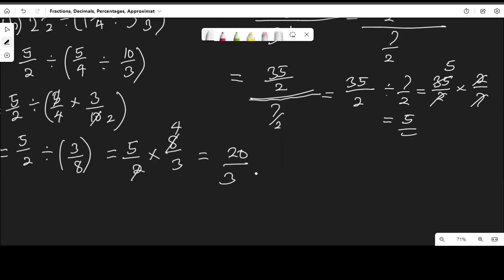And 20 divided by 3 is 6. 6 times 3, 18. That means 20 minus 18, 2. So 2 over 3. The answer is 6 whole number 2 over 3. And that brings us to this very first revision class. Thank you.